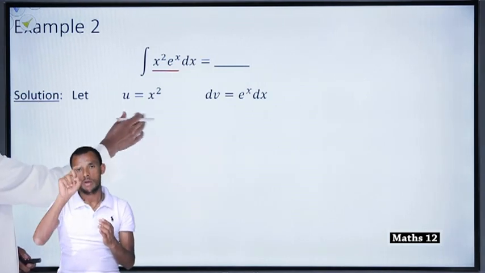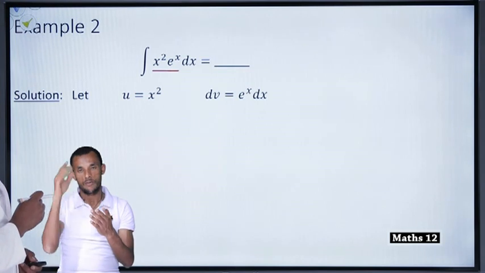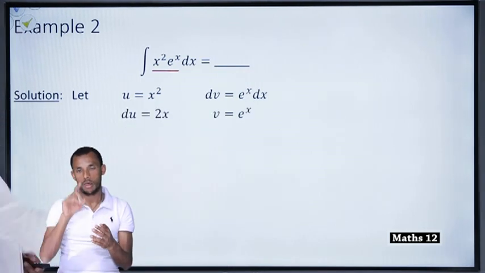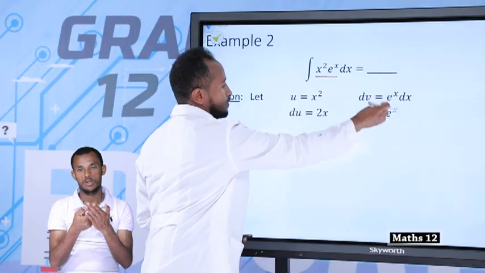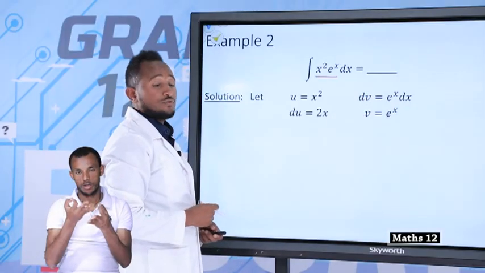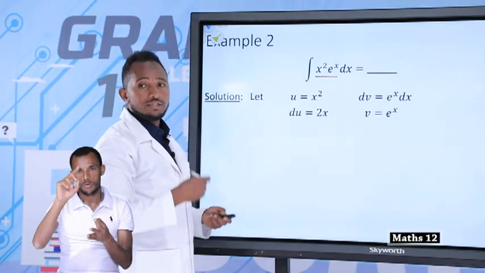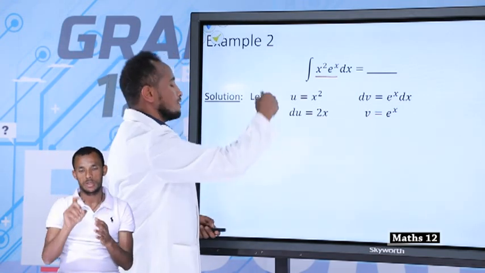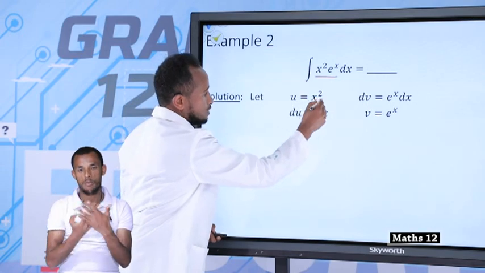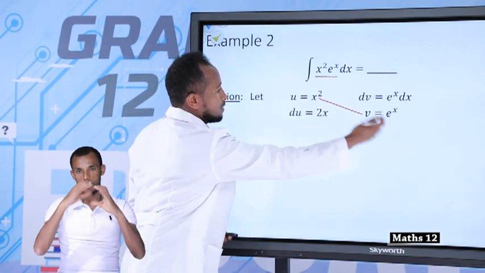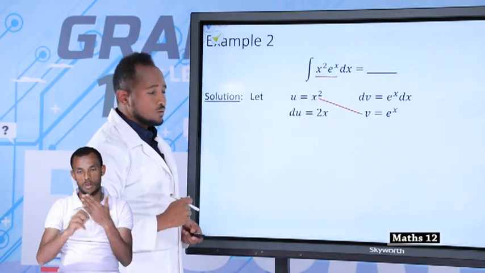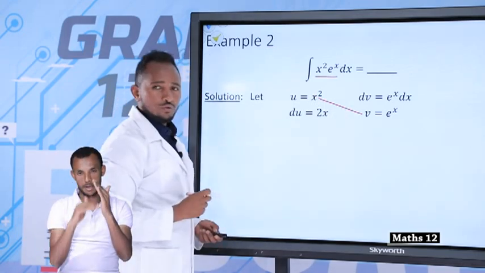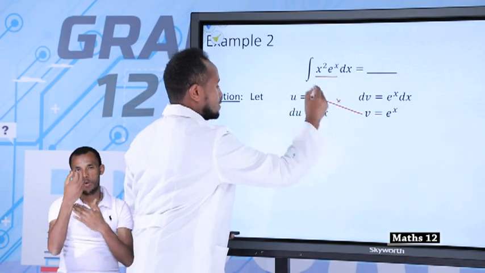So from this, the derivative of this expression is 2x, and the antiderivative of e raised to x dx is itself, e raised to x. So applying the formula of integration by parts, take the product of the two and then subtract the integral of the product of the two.